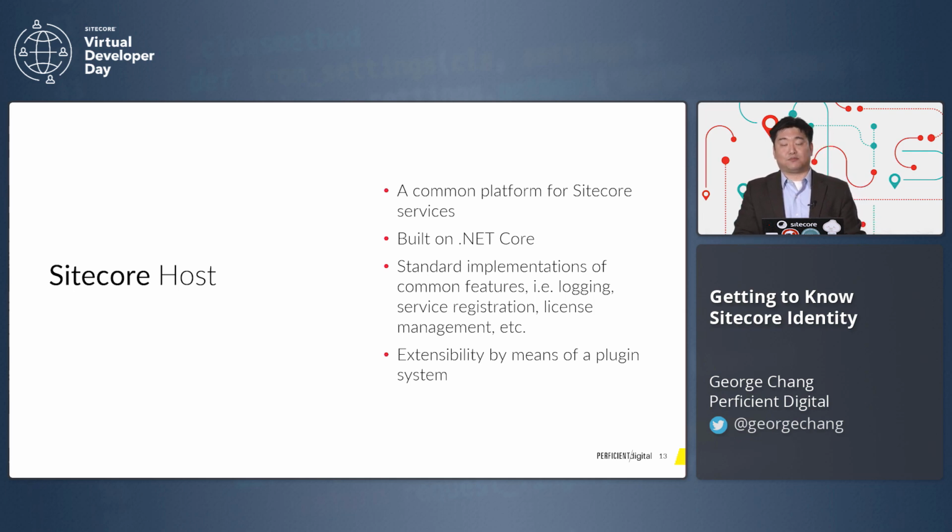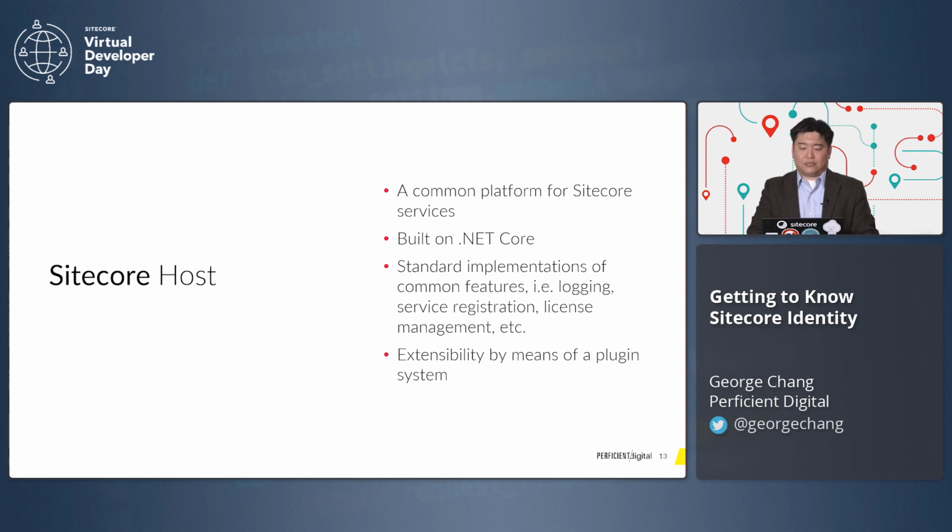Other services such as Publishing Service and Universal Tracker are also built upon the Host framework. Sitecore Host applications are built on .NET Core, which brings all the benefits of .NET Core that we talked about earlier. And the Sitecore Host architecture brings standard implementations of a number of common features that you typically see in services and applications, such as logging, service registration, license management, and the like.